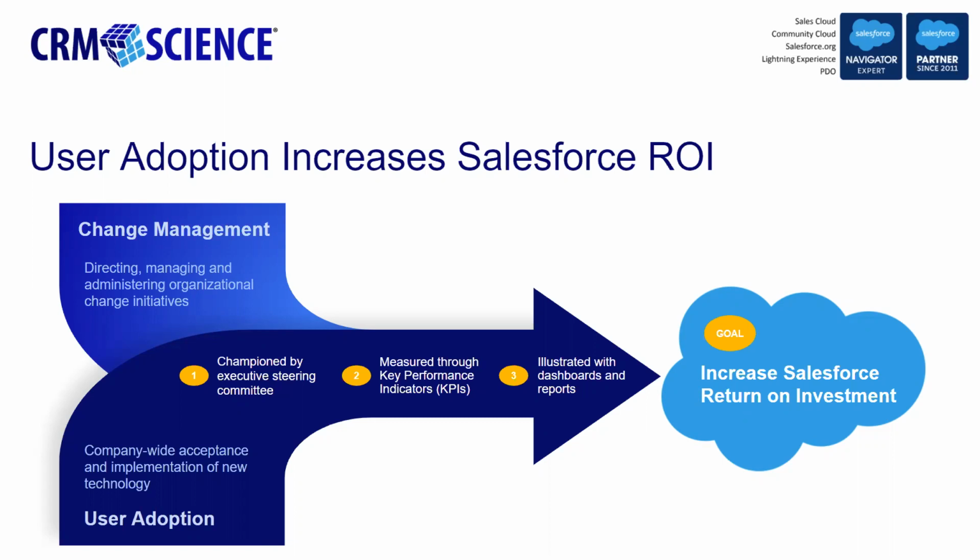There are a few different things that I think are really important to lead up to achieving that goal of a high ROI. The first is creating a group of champions for the technology rollout. When I say champions, I'm referring to people in an executive, leadership, or even management position at the company who are completely bought into the idea that this change is going to be impactful and important for the organization.